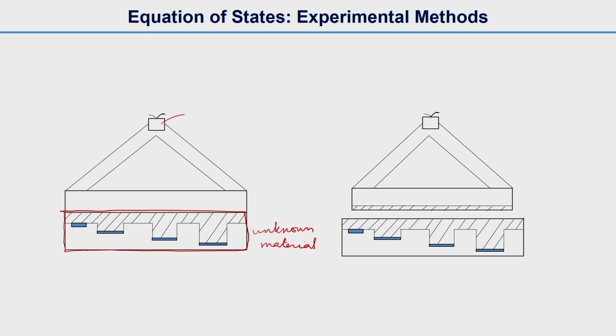We have a detonator here, and our goal is to obtain the EOS for this unknown material. This is one experiment: we have high explosive here, and with the help of this detonator we will explode it and see the response of this unknown material.